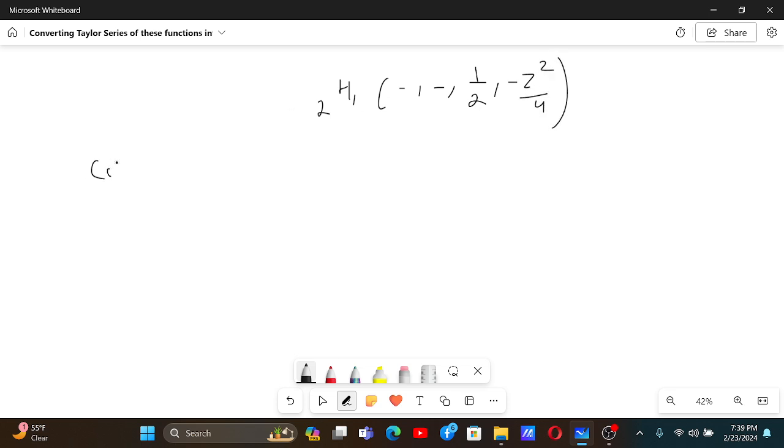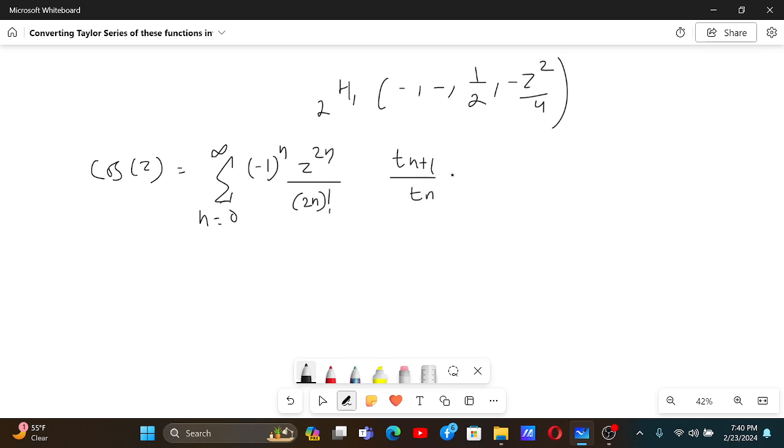We know that the Taylor series for cos g is the sum going from n equals 0 to infinity of (-1)^n g^(2n) by (2n) factorial, and the ratio t_(n+1) by t_n will be minus 1, and then g square by 2n plus 2, 2n plus 1.